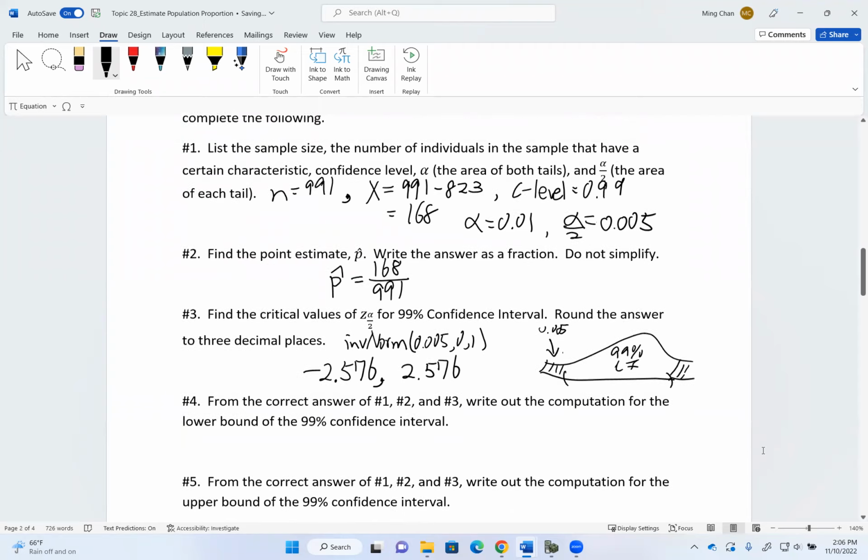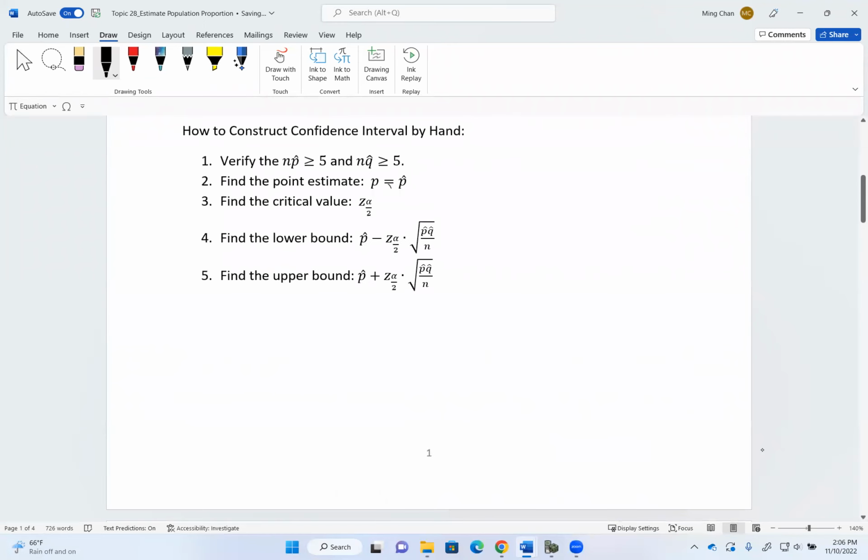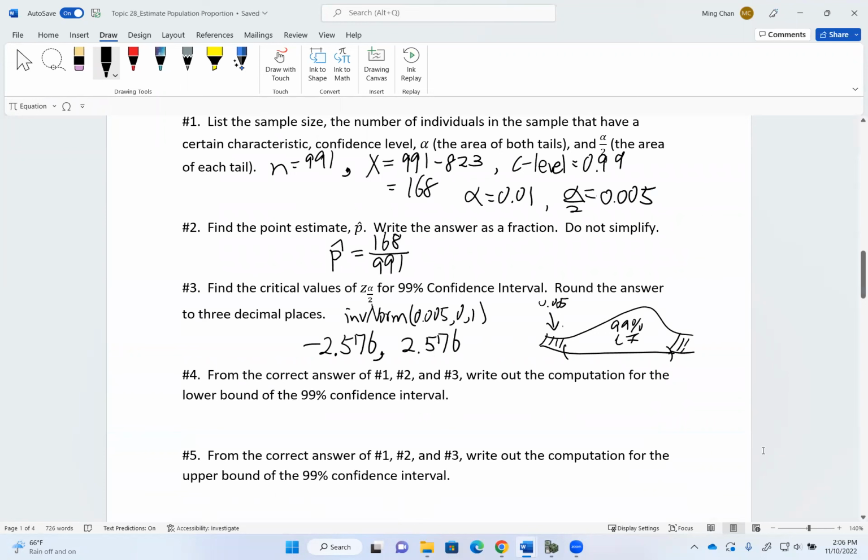All right, write out the computation. I'm just going to write out the lower bound and the upper bound. Okay, p hat is 168 over 991 minus 2.576, that's my critical value, times the big old square root of p hat times q hat.